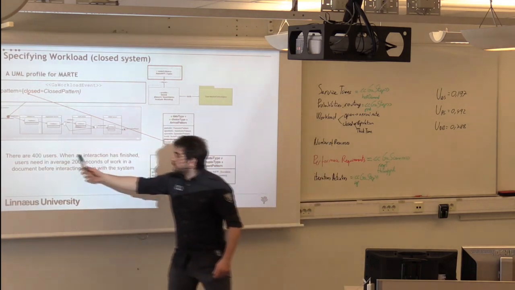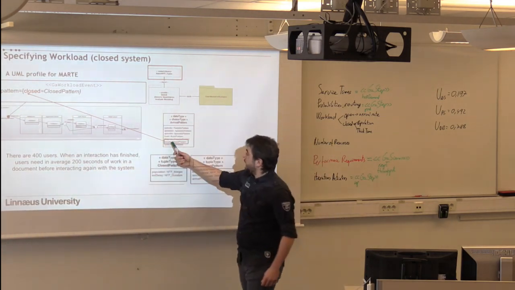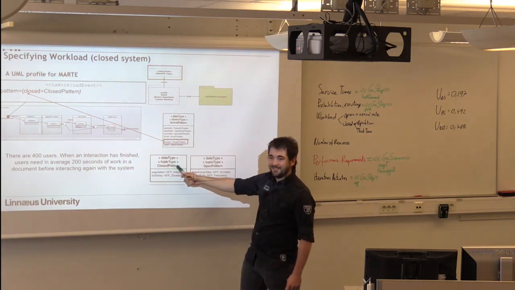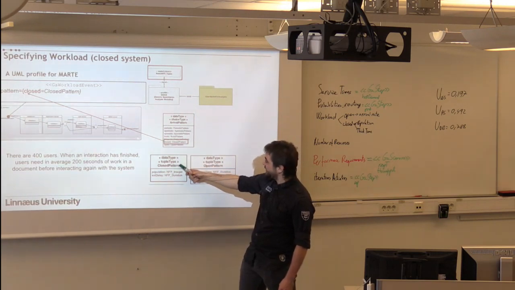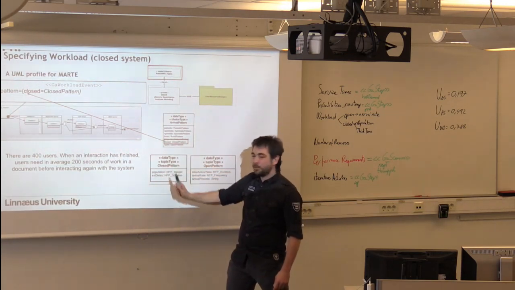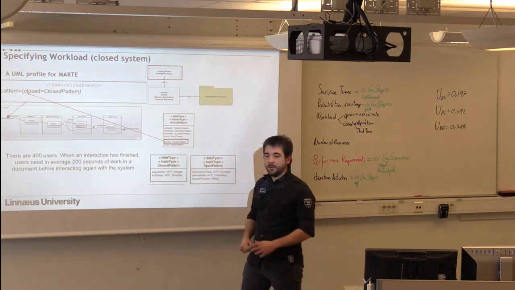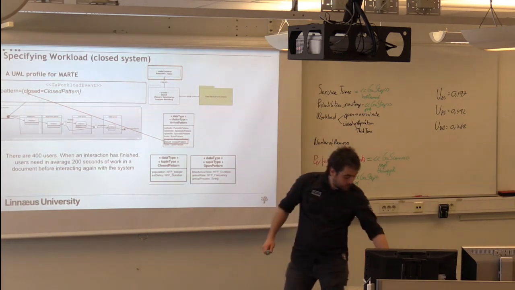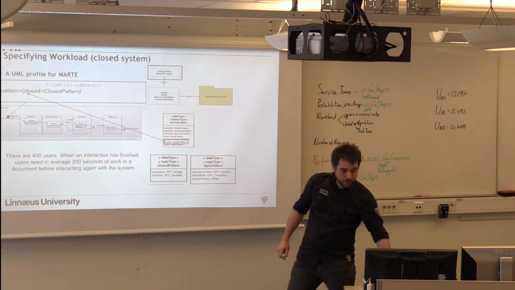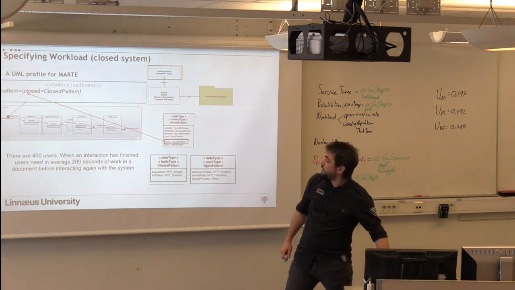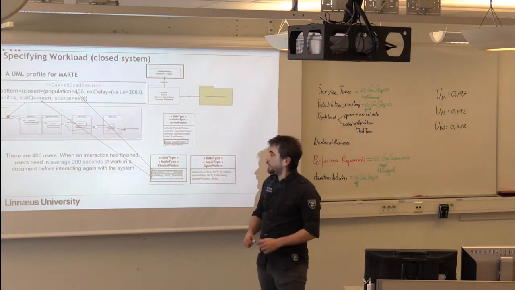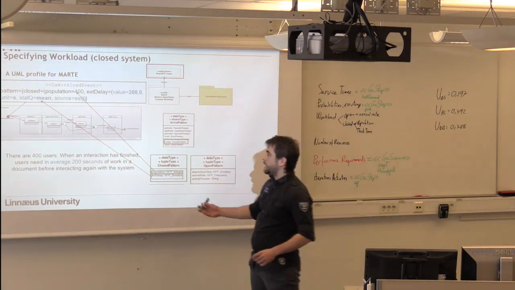So in this case, it's closed, and the close is of type closed pattern. And the closed pattern is defined somewhere else, in another figure, and it has two attributes, population and external delay. So in this case, we have population to 400 users, and the delay will be 200 seconds in average.